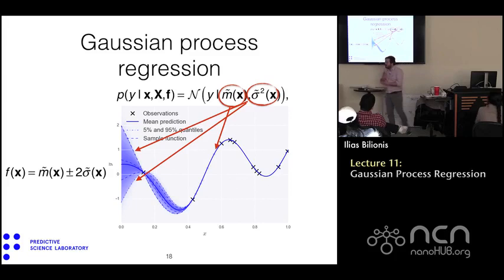So if your prior belief about the length scale is correct, then this is not overfitting. And if your prior belief about the length scale and the variance is a little bit vague, I will show you a way that will select the right length scale and the right variance, and it will still not overfit.